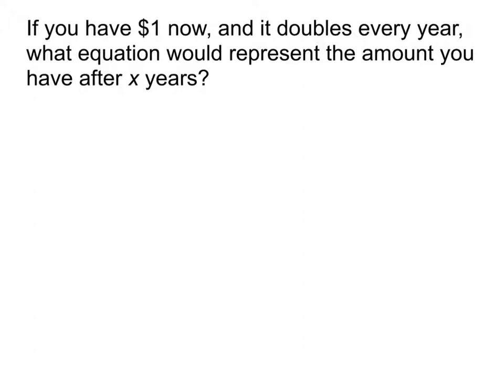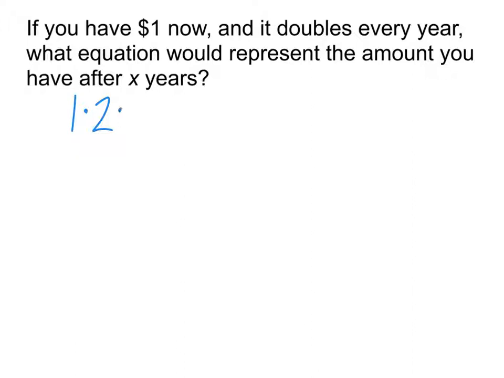here's our starting problem. If you have $1 now, and it doubles every single year, what equation would represent the amount you have after x years? Well, after 1 year we multiply it by 2, so we got that much.